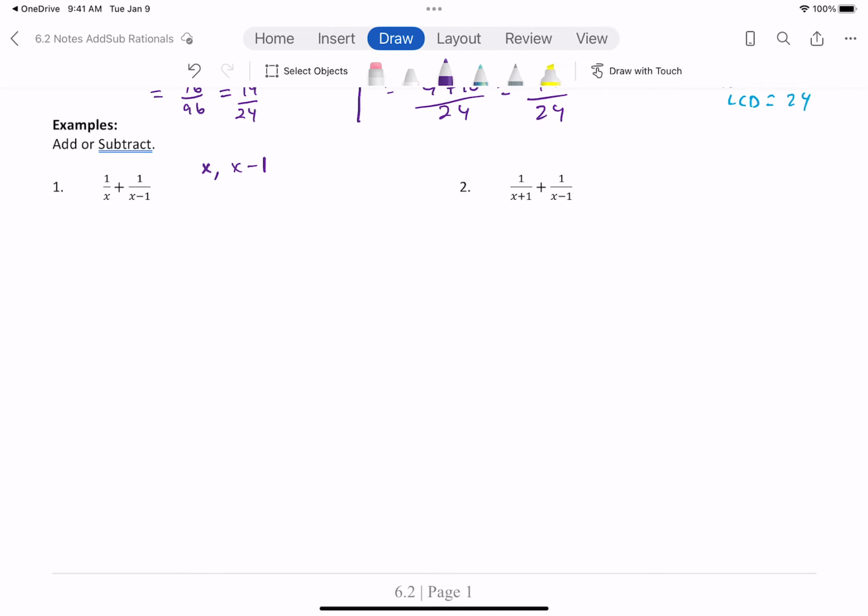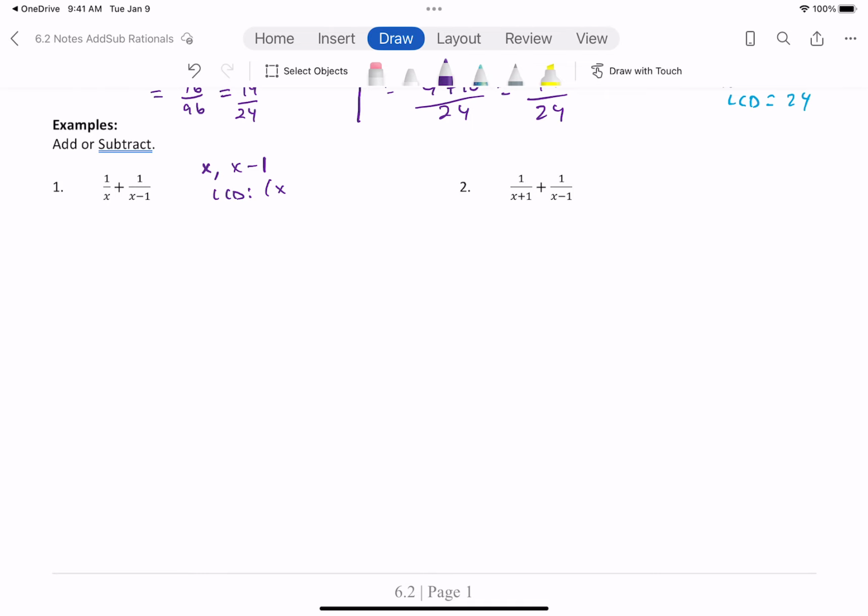So to find the LCD, we really want to think about having one of each unique thing. So these two denominators are actually unique. They don't have anything in common. One is just x, one is x minus 1.